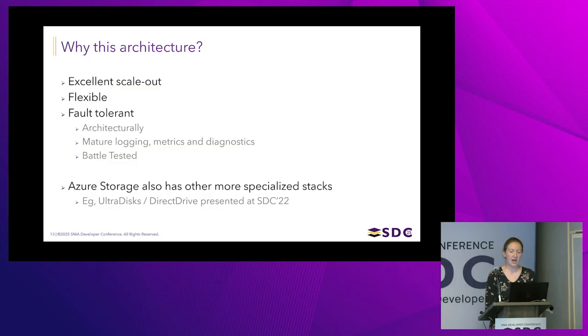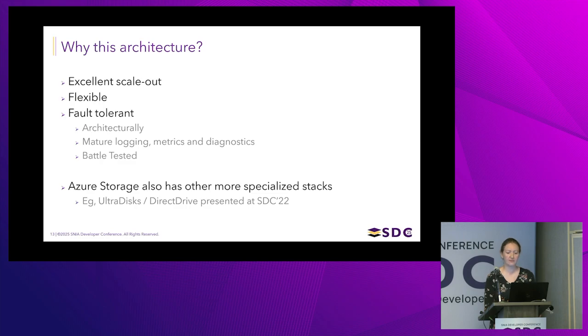But it's also that we've battle tested this for the better part of 1 to 2 decades, and it is very stable. It has mature logging, metrics, diagnostics. People underplay that, but that in itself is a feature that has performance costs that is something you really need to run a service. And all of that is already there, and when you add products to it, you get a very mature feature set and a mature base to build upon. And additionally, you get that excellent scale out, which is really in the end the sell of a cloud.